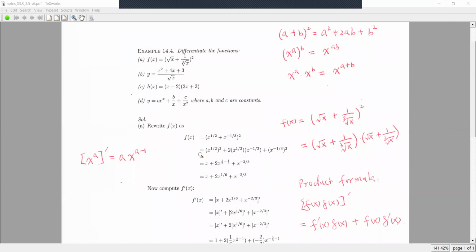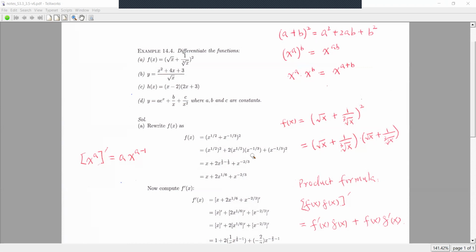Then we have this equation. x to 1/2, then square. I can simplify this by this formula. By this formula, this is x to 1/2 times 2. It is x to 1. x to 1 is x.